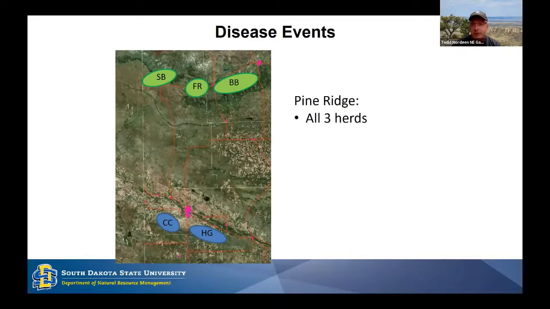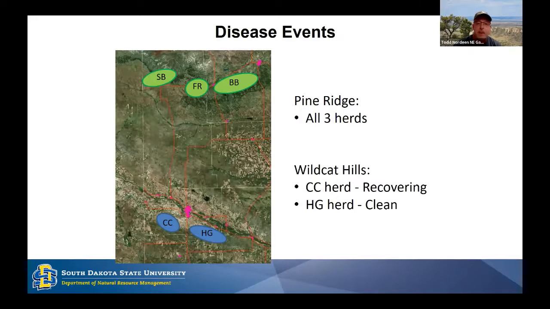As far as disease events, the Pine Ridge herds up north have been hit really hard. All 3 herds have suffered significant events, and more than one actually. We've seen recurring low recruitment in all of those herds, obviously leading to those low population numbers you just saw. With the Wildcat Hills, as I mentioned, we're seeing a different reaction.